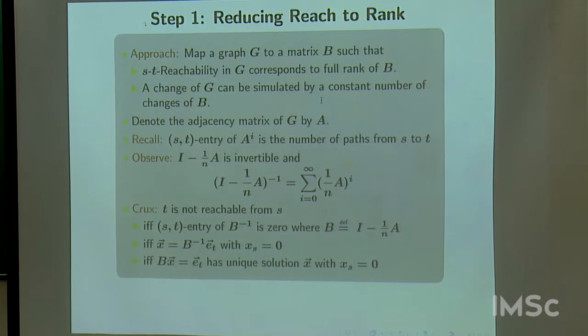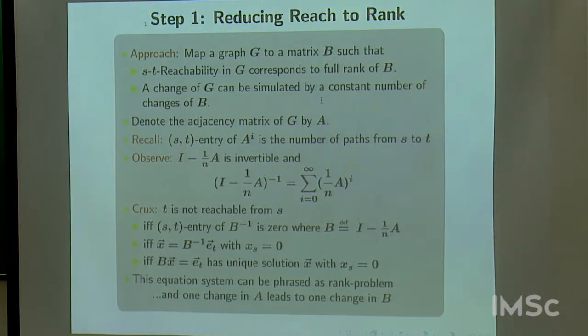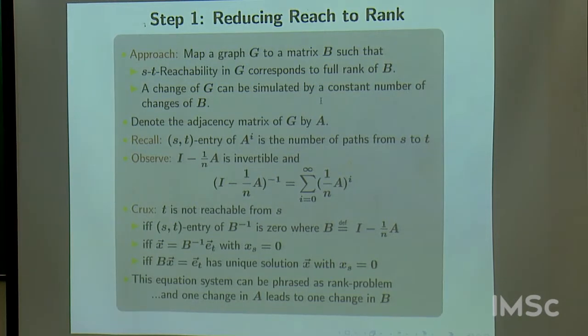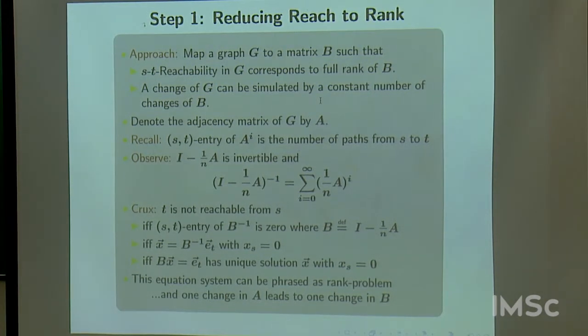Multiplying by B, which is invertible, we get that Bx equal to e_t has a unique solution with x_s equal to 0. Correct? And so this is a feasible system. This has a solution if and only if T is not reachable from S. So it boils down to a feasible system of linear equations, and it can be posed as a rank problem. It's basically the rank of a matrix.